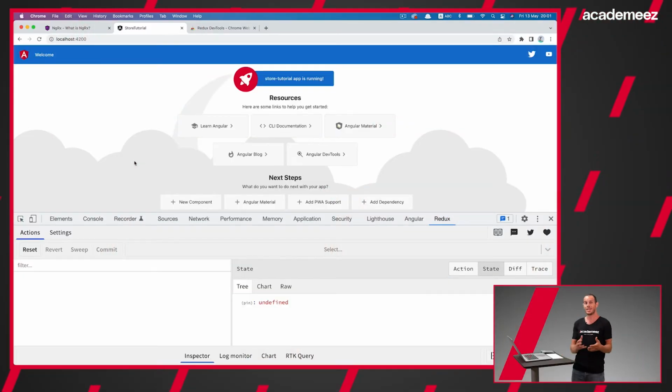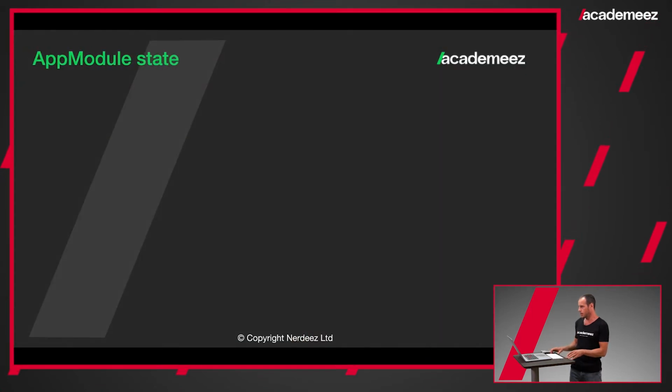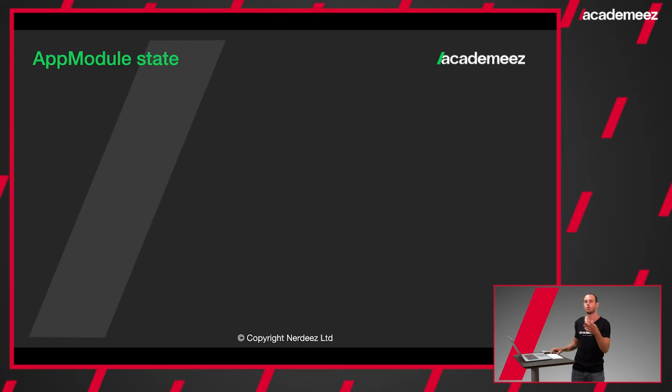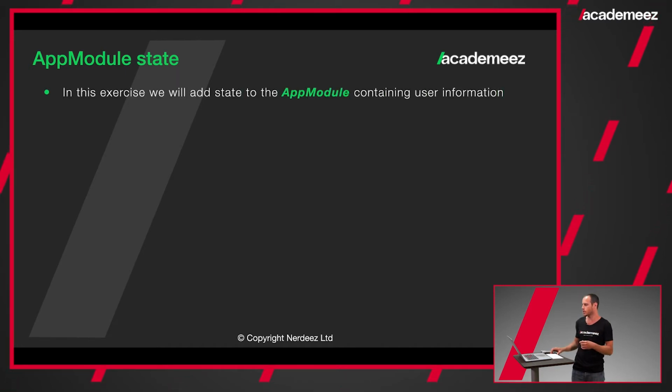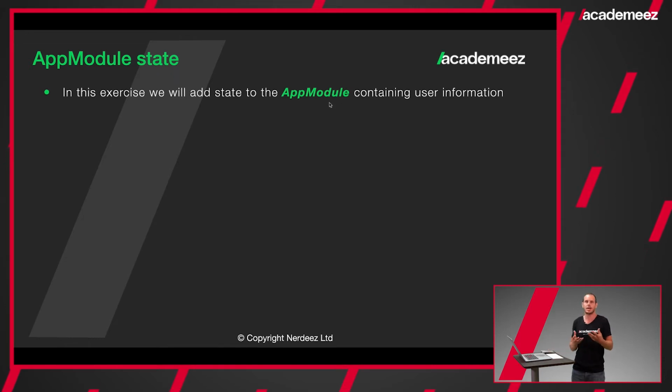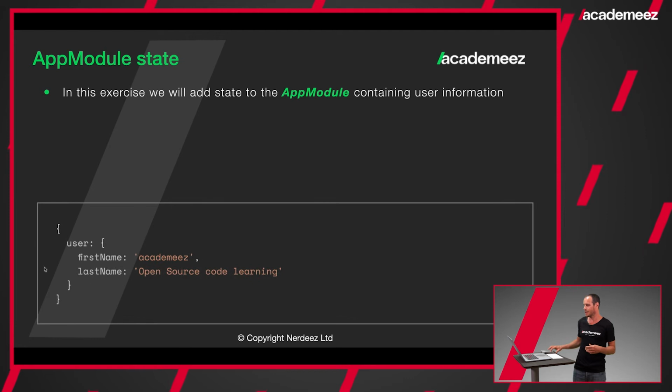Okay, now let's load some data to our store. Let's go and add some root state to our app module state. Let's say you have the app module, and that app module wants to add something to the state.